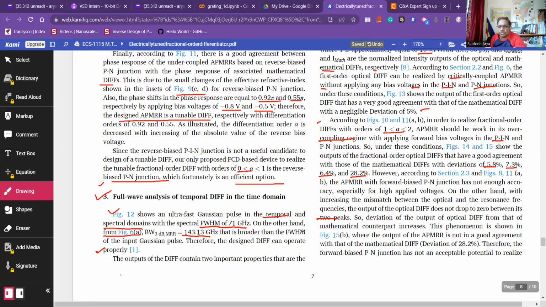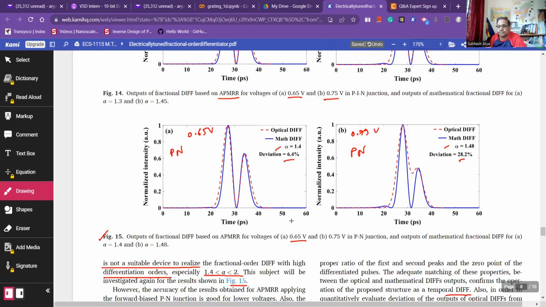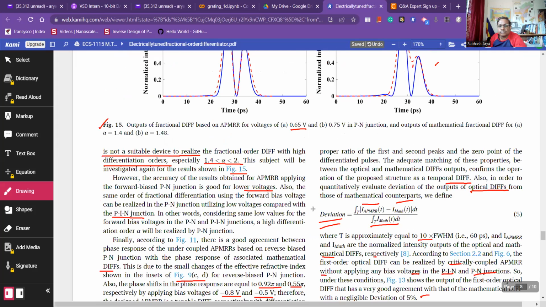This phenomenon is shown in figure 15b, where the output of APMRR is not in good agreement with that of a mathematical differentiator with deviation of 28.2. So let us see 15b here, no division is there. So 28.2, 1.48.